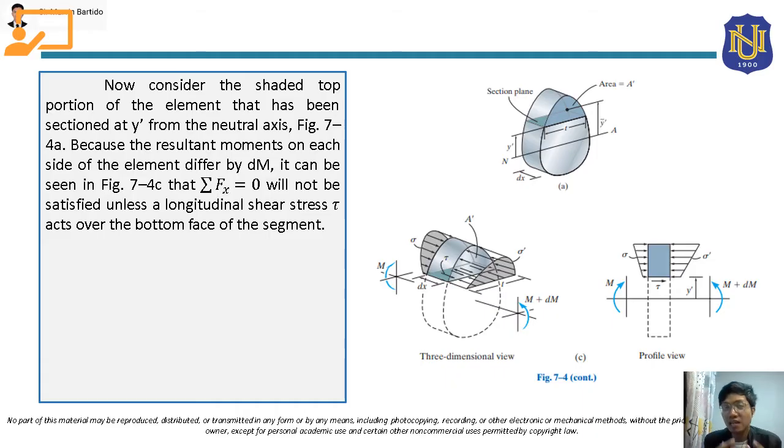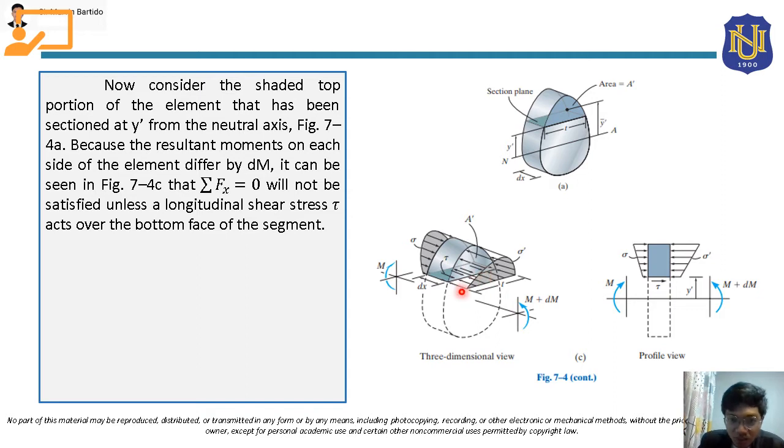There has to be a stress na kailangan mag-neutralize, na makakacancel yung dM para maging equilibrium yung system natin dito. So the stress that will neutralize the dM difference here will be this shear stress.